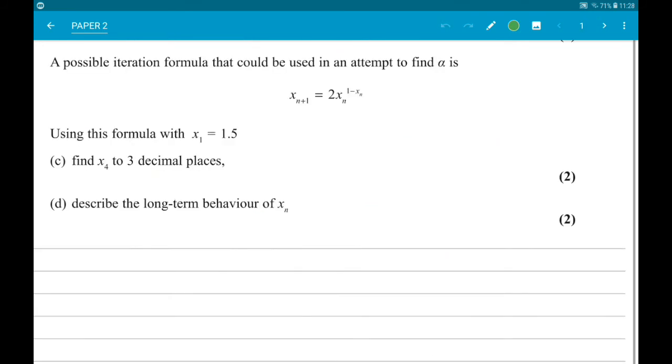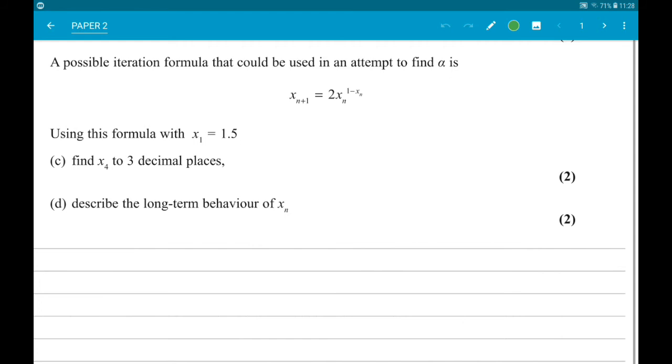C. A possible iteration formula that could be used to find alpha is xn add 1 is 2xn to the 1 minus xn. Using x1 is 1.5, find x4 to 3 decimal places.